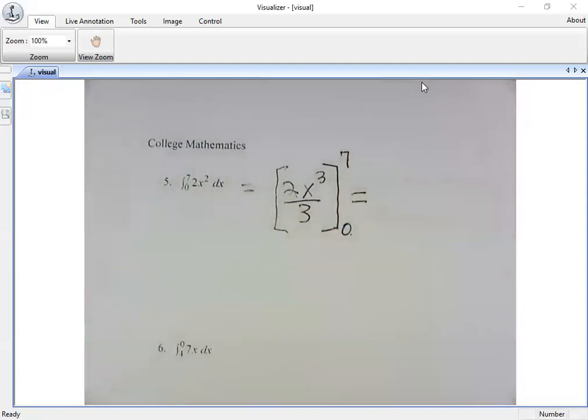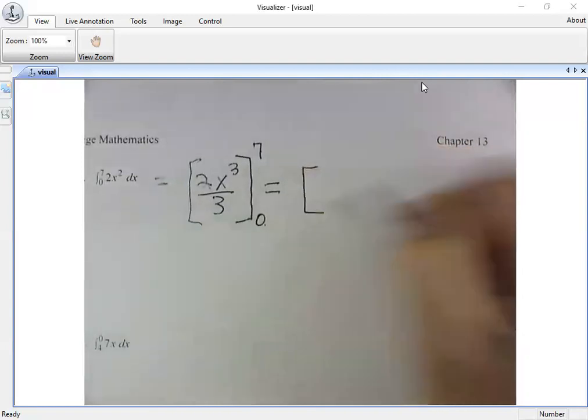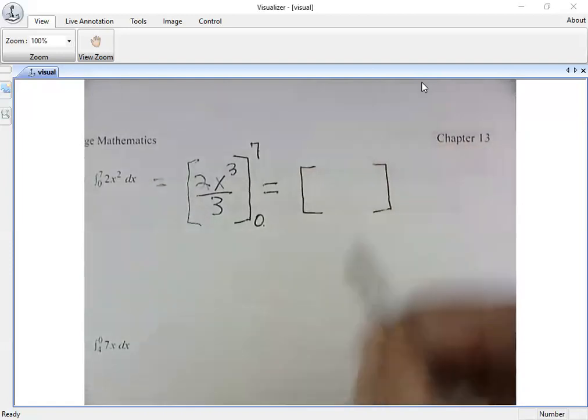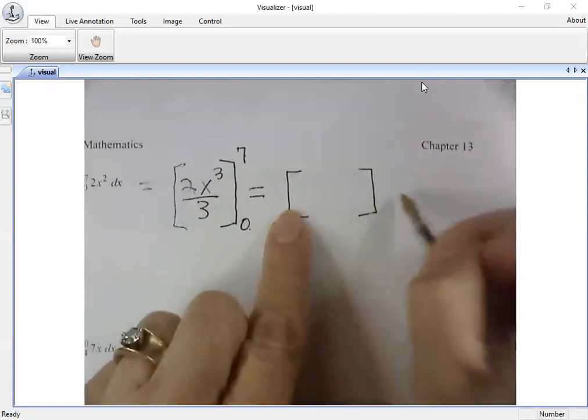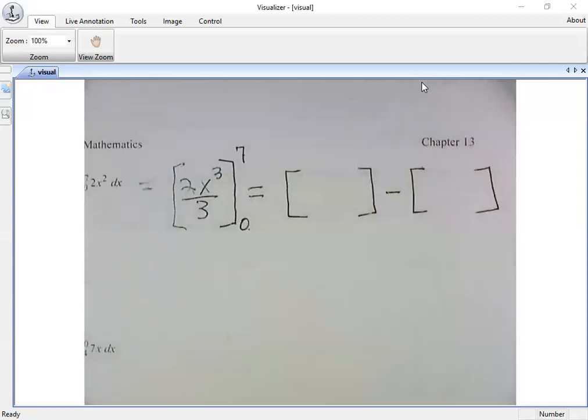Okay, so here's what I would do. You want to set 2 sets of brackets, and we're going to take our upper value minus our lower value. This is actually called the fundamental theorem of calculus, which we're going to be talking about in 13.5.